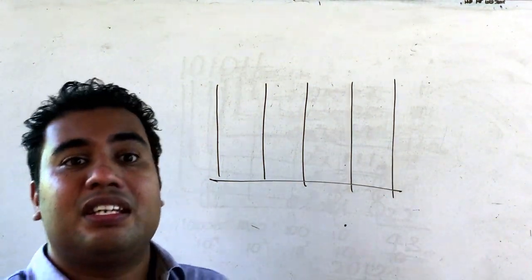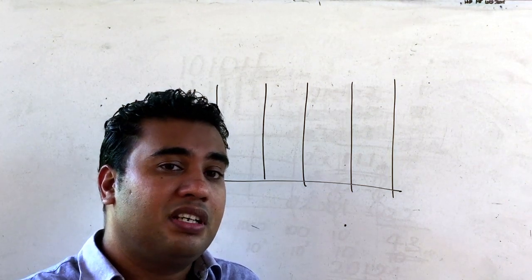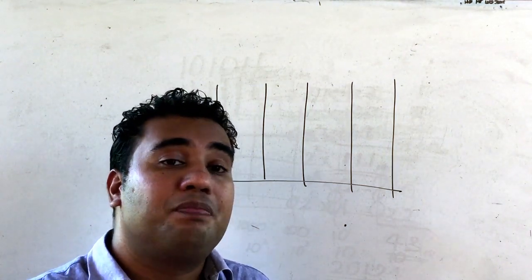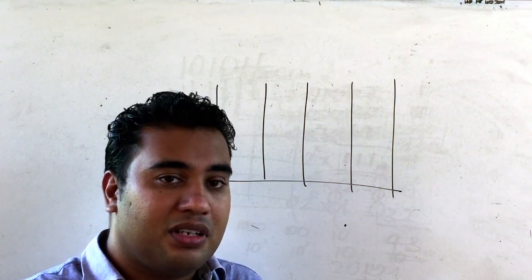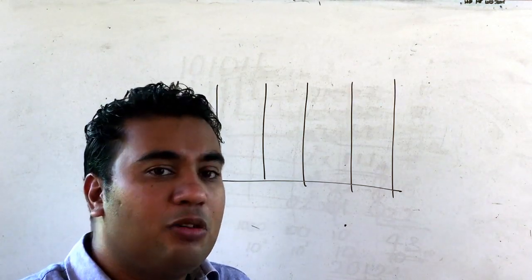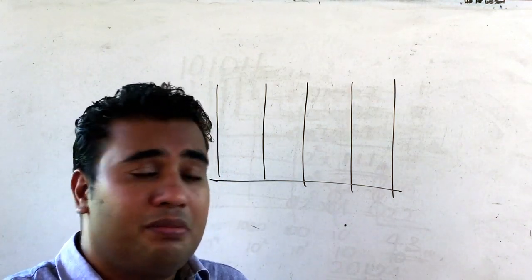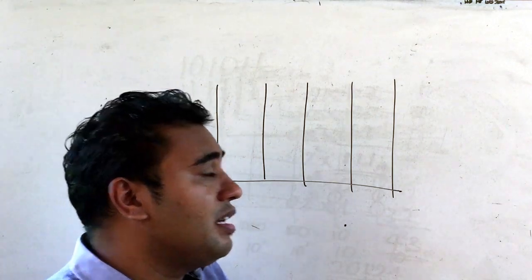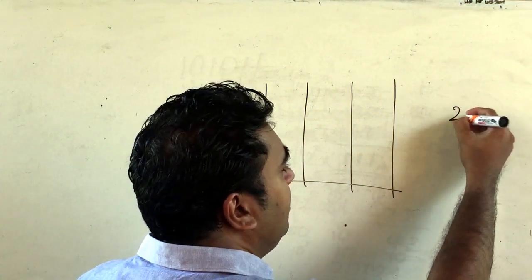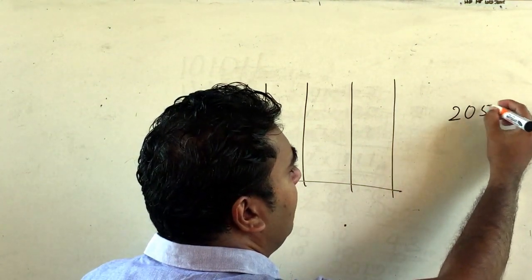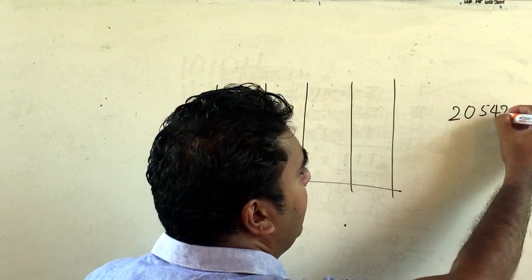Counting frame is something like this, and we put the balls into the frame to represent a particular number. First, let's see how to represent a decimal number in the counting frame. Let's take the number 20,542.